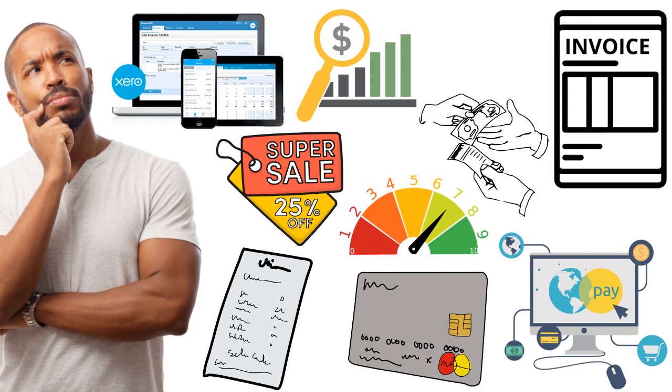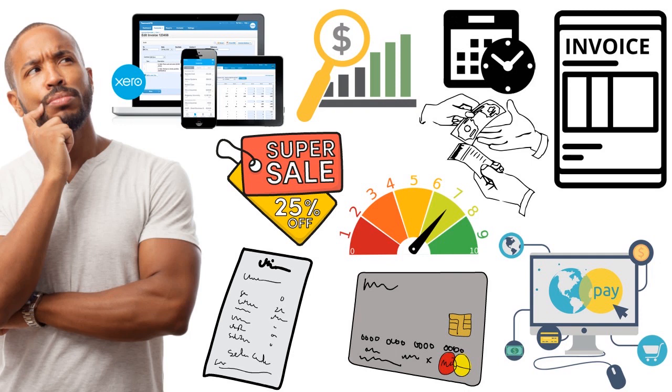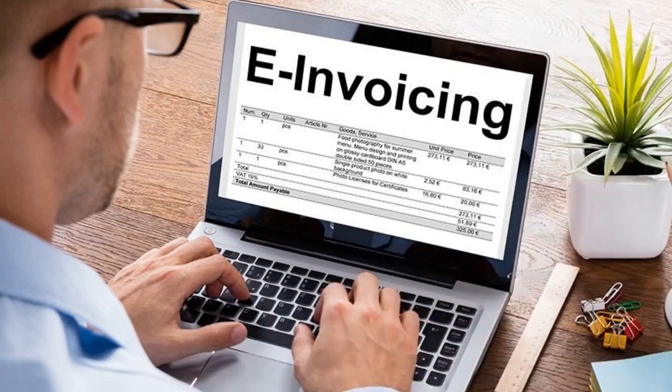Set up default dates based on your usual payment terms for a smoother invoicing process. Regularly check that your bank accounts match up with Xero to keep everything accurate, and save time by doing things in batches, like sending multiple invoices together or marking them as paid.